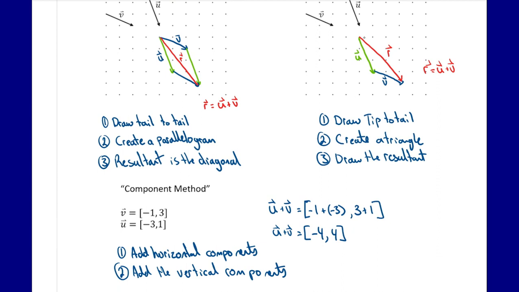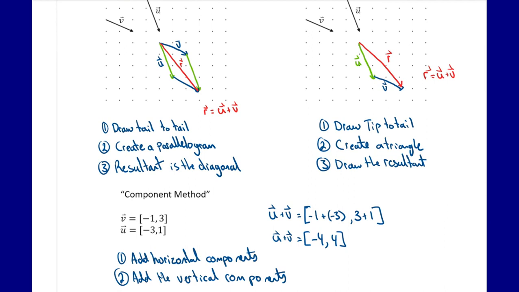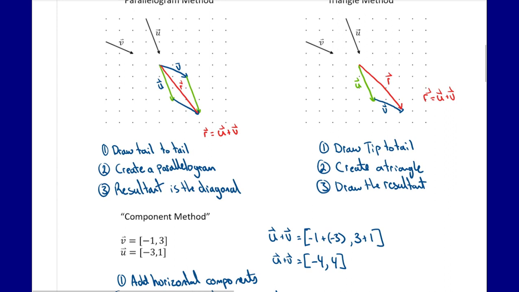If I were to go back and look at my resultant just to see if it does work, I can see I can go over 1, 2, 3. Did I do the math wrong? Maybe it's different vectors. Oh yes, it is different vectors. So these are different vectors than the two, but this is what it would work out to. If I were to do it with this one, we would have over 1, and then down 1 over 1, 2.